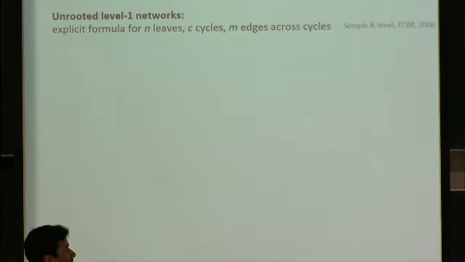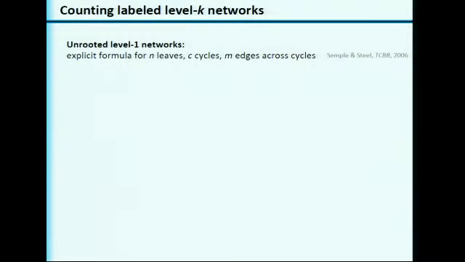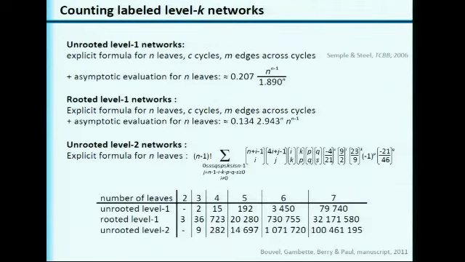So this decomposition, this tree structure, can lead to enumeration results and sampling, and we obtained the number of unrooted level 1 networks, an explicit formula given the number of leaves, cycles, and edges. And first with Mathilde Bouvel, we extended this to obtain an asymptotic evaluation for those labeled level 1 networks, unrooted.